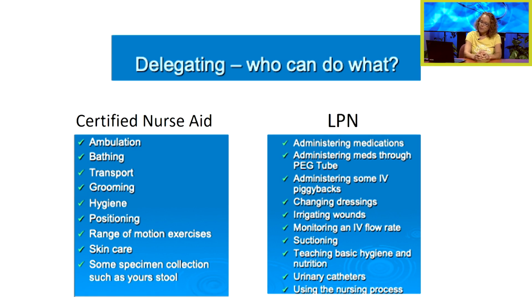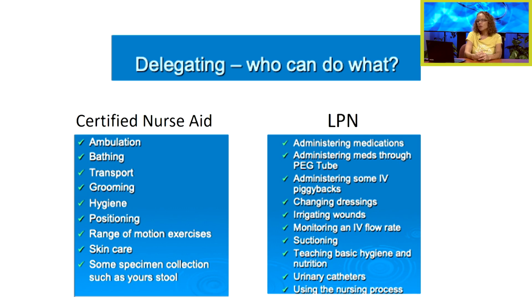So you can see the tasks that are listed under the certified nurse aide don't really require nursing judgment, okay? But all of the types of skills under the LPN's scope do require a lot of nursing knowledge to make decisions about whether or not to give the medication, okay?